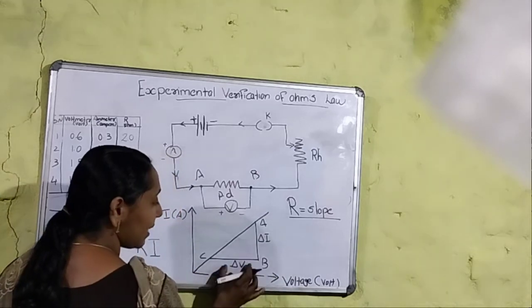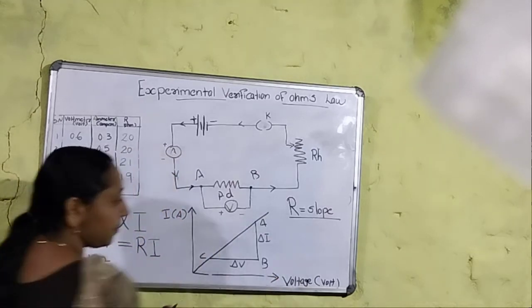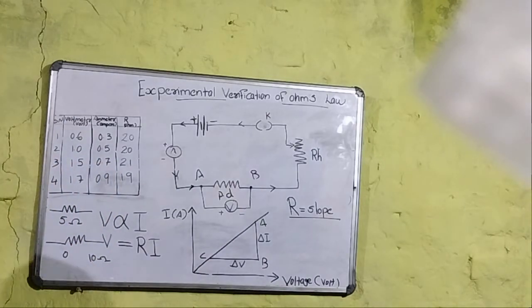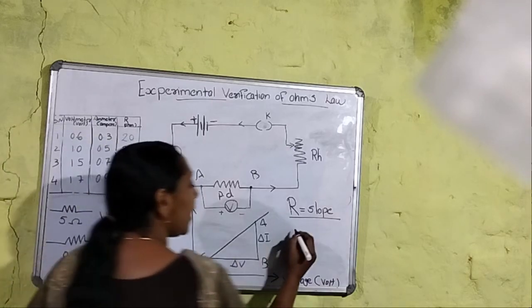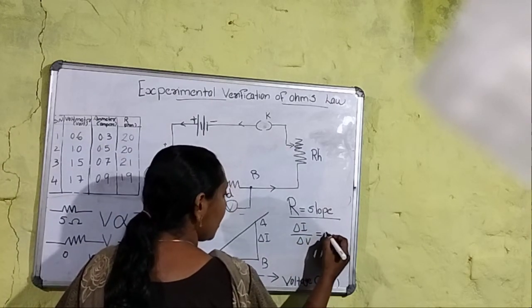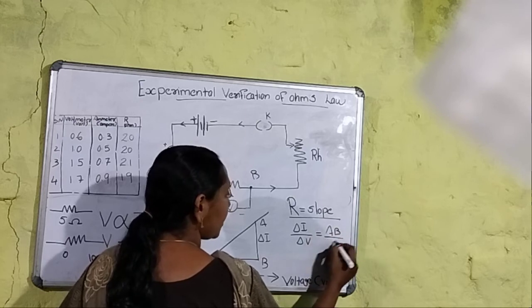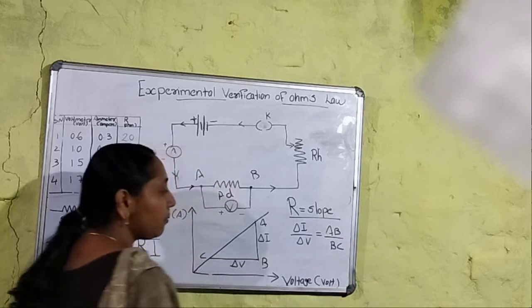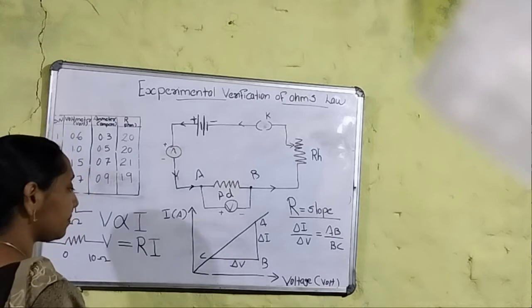This is the change in voltage and change in current. So we write the value of R as the ratio delta V by delta I, that means AB by BC. This is the slope of the graph, otherwise the value of R.